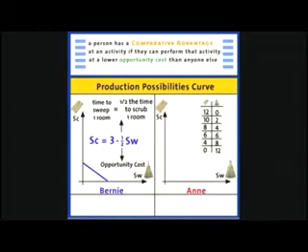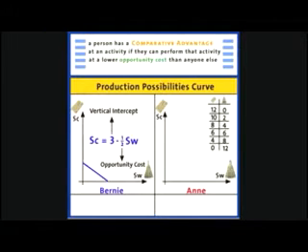Well, let's start. If Ann does no sweeping and all scrubbing, then she can scrub 12 rooms. So let's put a dot here in her curve that represents 12 rooms worth of scrubbing and 0 rooms worth of sweeping. If she decides that she wants to do a little bit of sweeping, every time she wants to sweep an additional room, she has to give up a room worth of scrubbing.